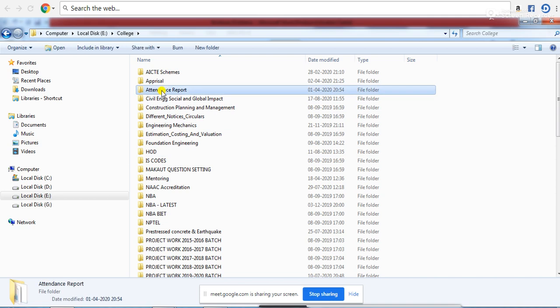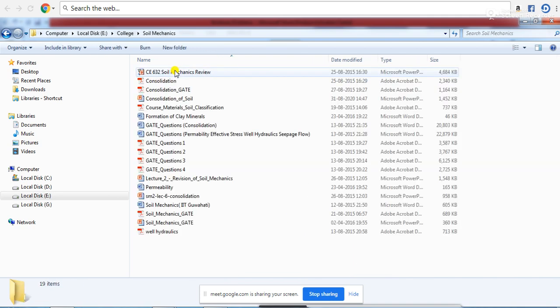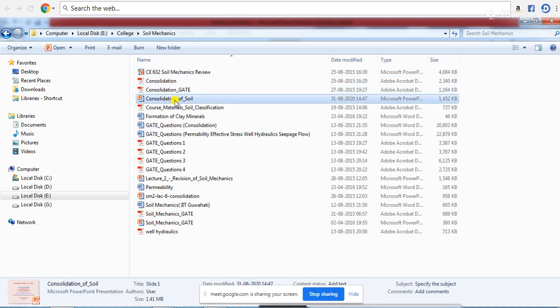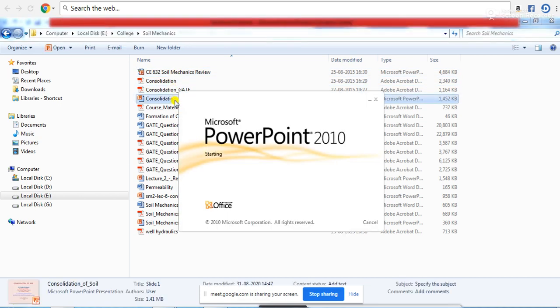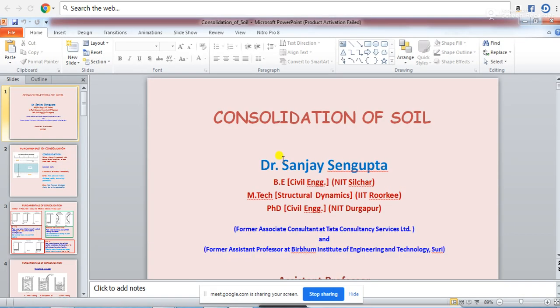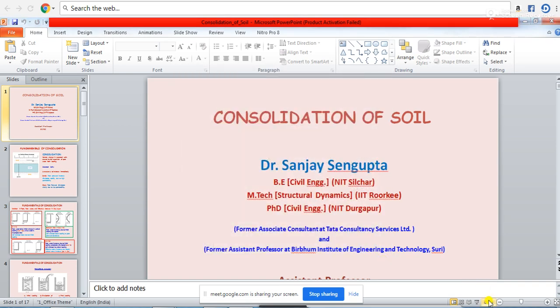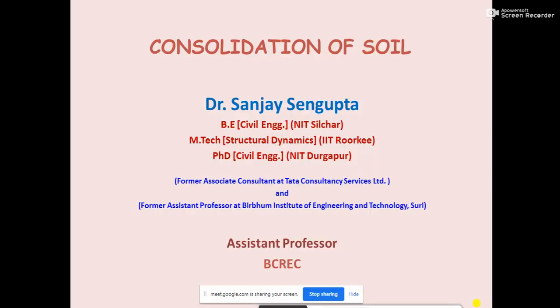So let me go to soil mechanics, then consolidation of soil. Can you see the consolidation of soil slide? Yes, sir. Okay.